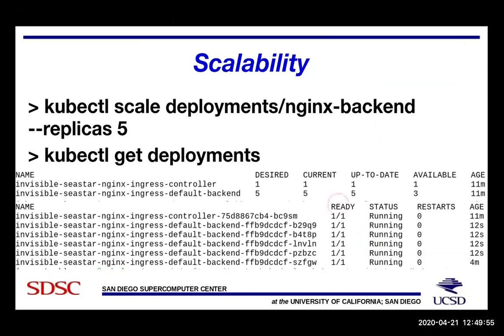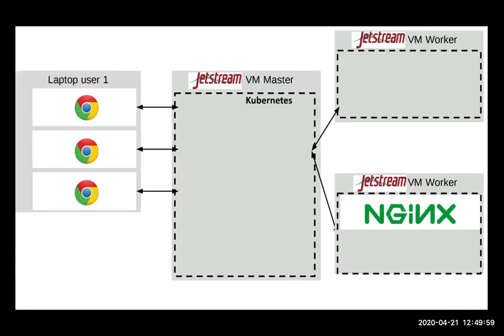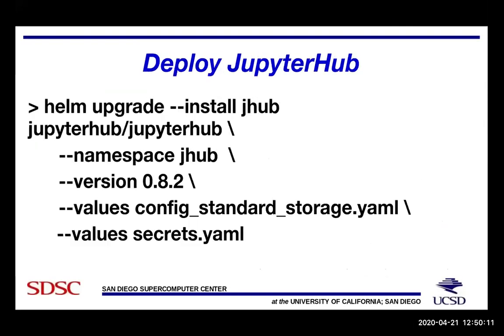Okay, so I showed you how to use kubectl to interact with this Kubernetes environment. And finally, we want to actually deploy JupyterHub. JupyterHub is just another Helm recipe.